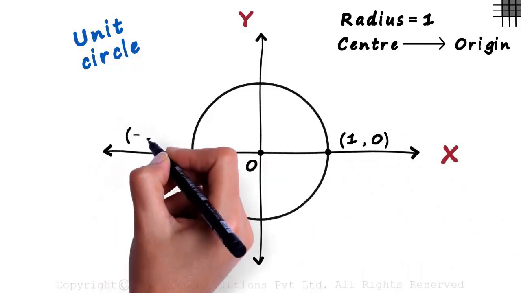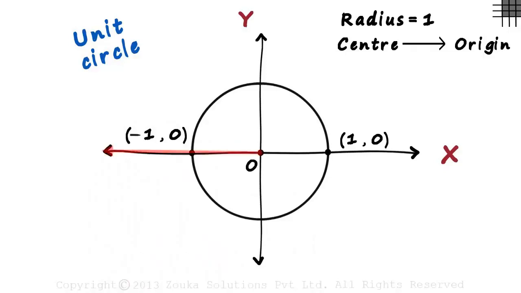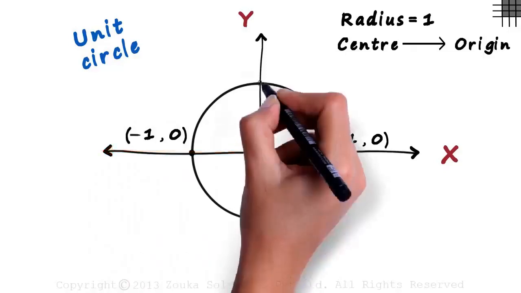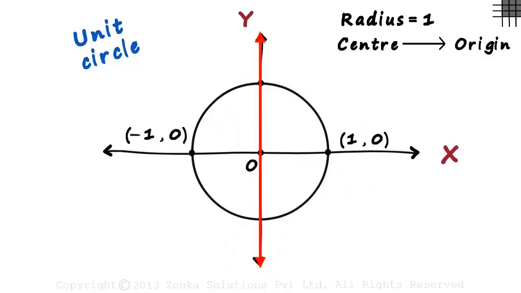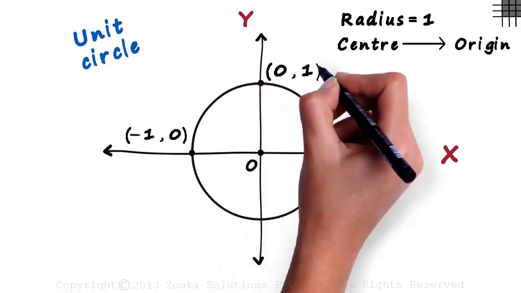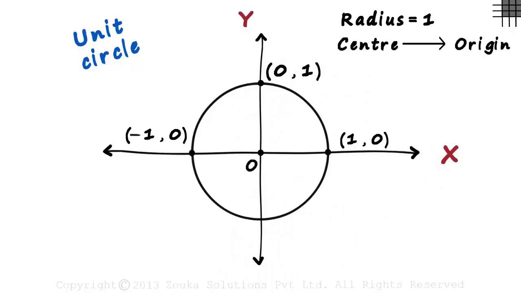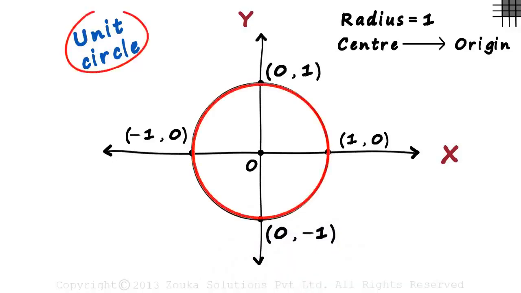It will be -1, 0, as it's on the negative side of the x-axis. What about this point? As it lies on the y-axis, its x-coordinate will be 0 and the radius is 1 unit. Its coordinates will be 0, 1. Similarly, the coordinates of this point here will be 0, -1. This is the unit circle.